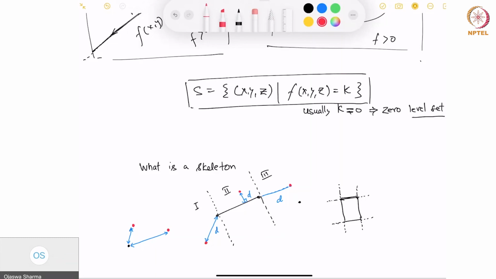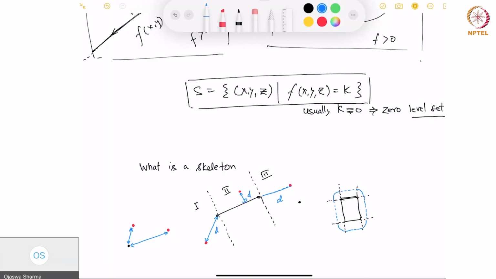But then, if I talk about this in terms of offset surfaces, then you can say that if I have an offset surface like this, these are going to be circular caps.